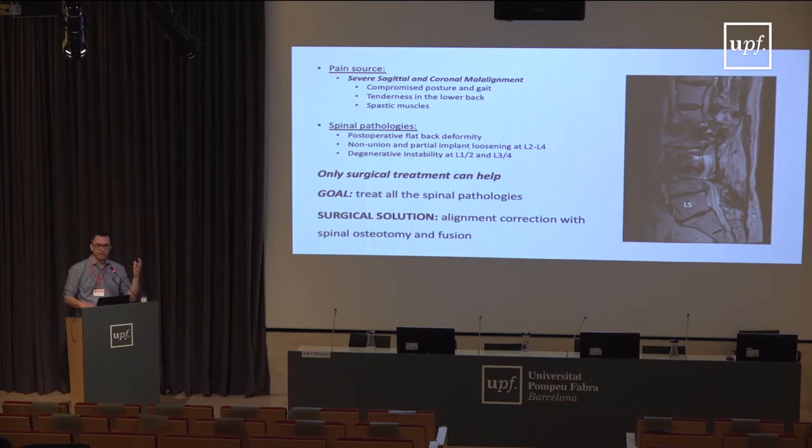So we have to somehow correct the alignment of the spine, but correction of such a deformed spine with a rigid deformity can be done only via some osteotomy. So we have to resect some part of the spine to realign that.